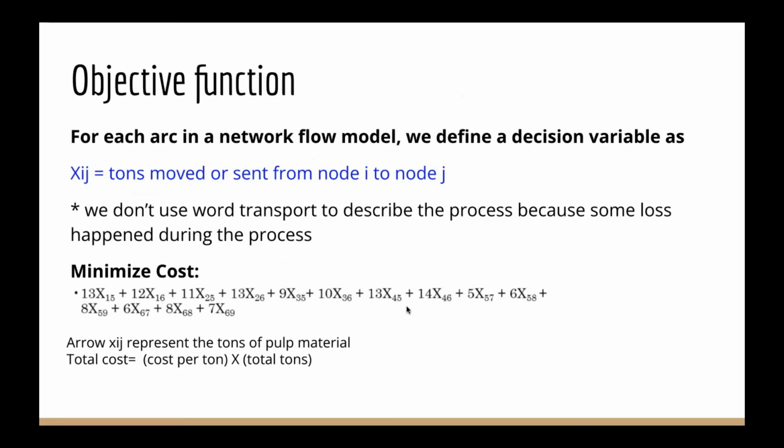We plug in the cost with each arrow to get the minimized cost for the problem. Arrow x15 times the cost, which is 13. So the total minimized cost is the sum product of all variables and costs associated in the network, as provided in the table.